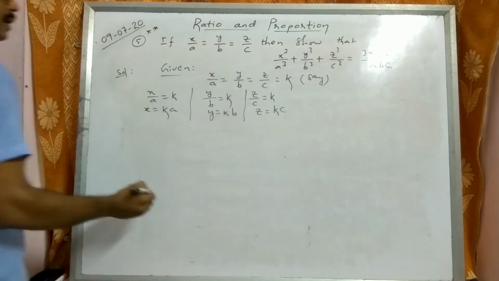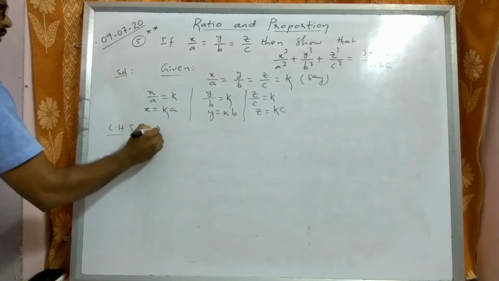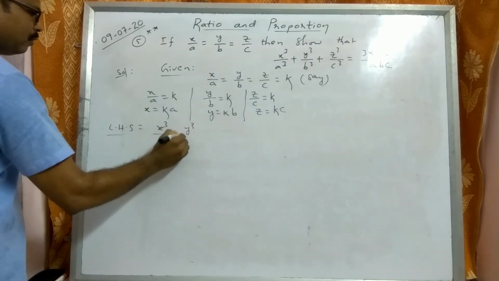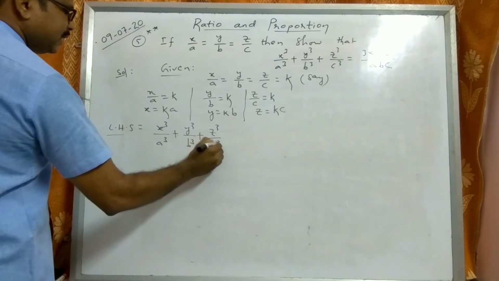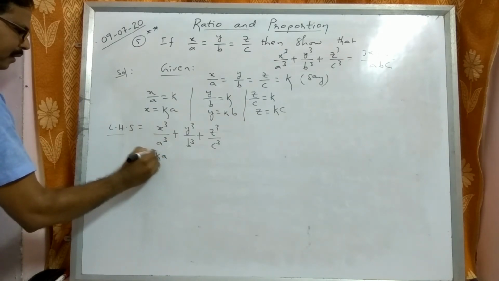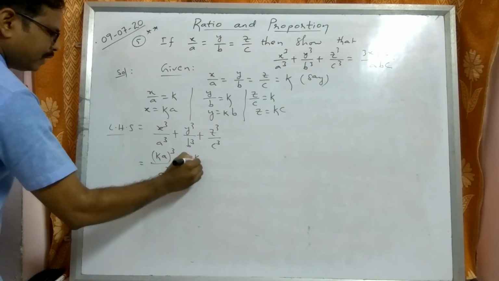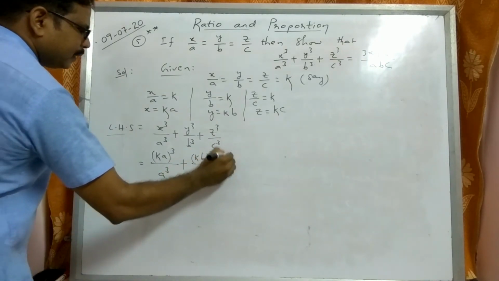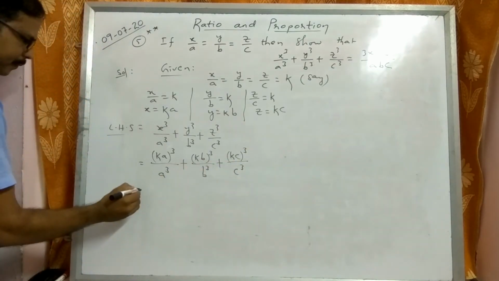Okay. Now you take LHS. What is LHS? x cube by a cube plus y cube by b cube plus z cube by c cube. Instead of x I can write ka. So (ka) whole cube by a cube. y means (kb) whole cube by b cube, (kc) whole cube by c cube.